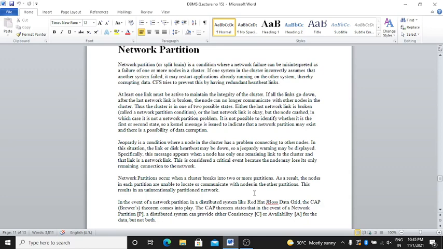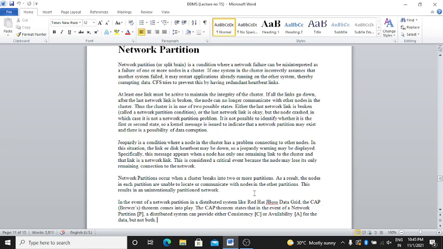It is not possible to identify whether it is the first or second state. So a kernel message is issued to indicate that a network partition may exist and there is possibility of data corruption.